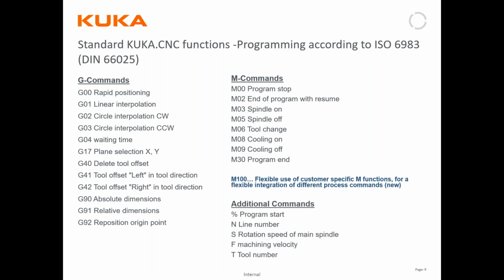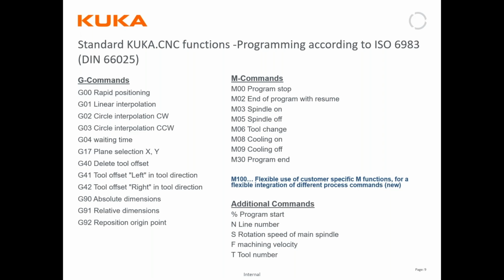There are certain standard M commands available, like M00, which stops the program, M02, which ends the program, M03 is for switching on the spindle, M05 for switching off the spindle, and so on. M100 and 101, 102, and so on are also available.